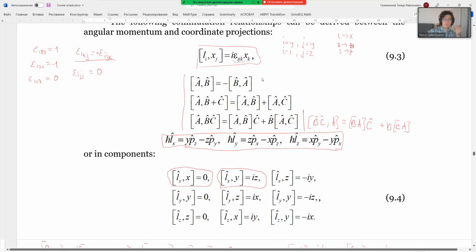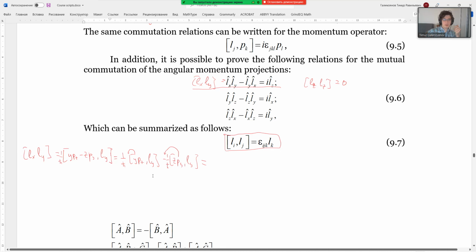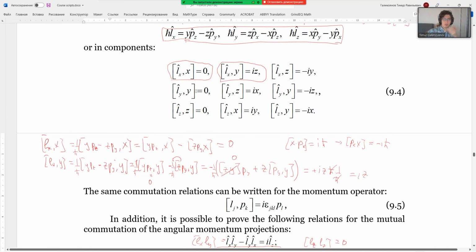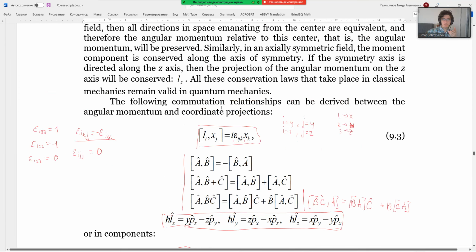So we've proven that [py, Ly] equals 0, because in that case you have to write epsilon 2 2 k, which should be 0, because it has two equal indices.